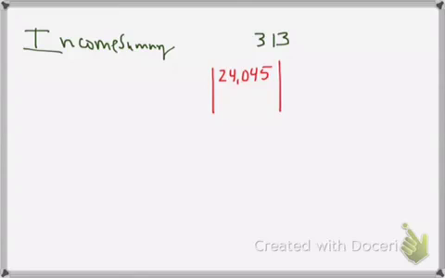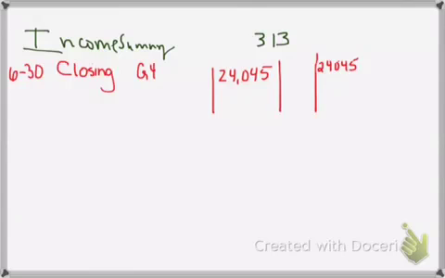So then I have my other debit column, and then I'm going to have my credit column at 24,045. All right. And so that was on 6/30. This would have been a closing entry. So under the item, you would put closing, and it was found on journal entry page 4.